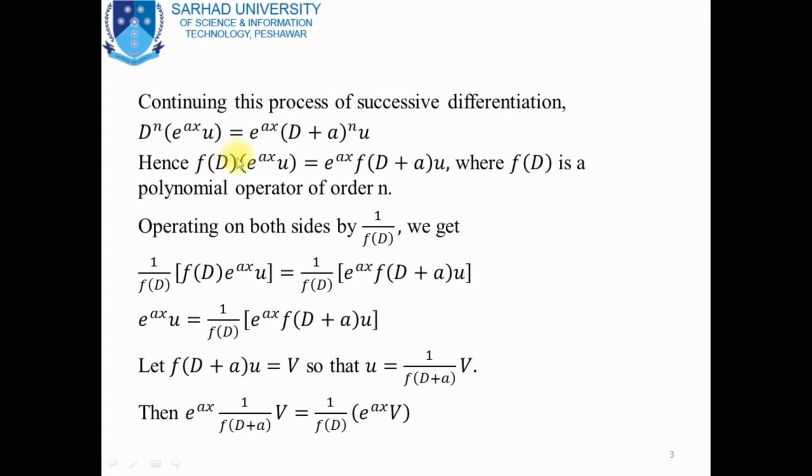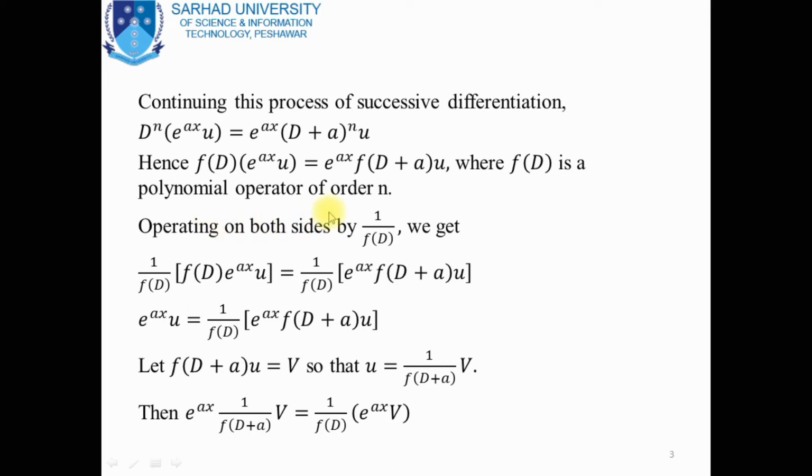Hence f(D) into e^(ax) into u is equal to e^(ax) into f(D+a) into u, where f(D) is the polynomial operator of order n.